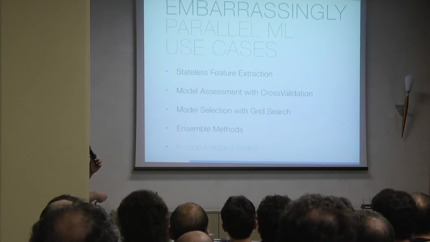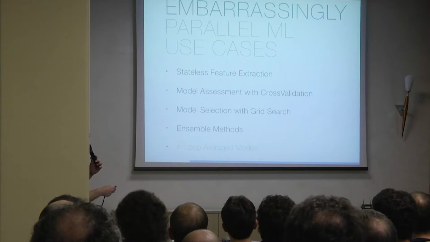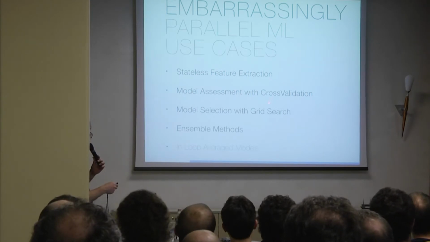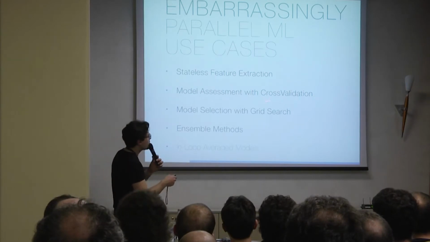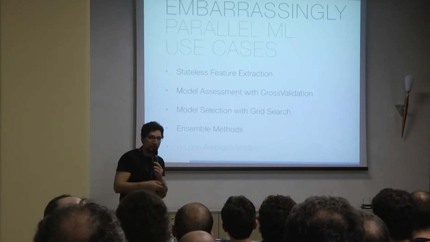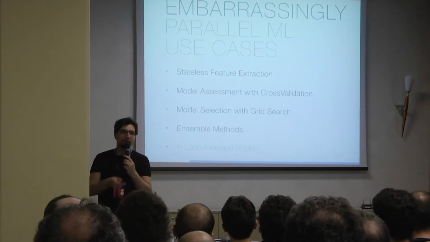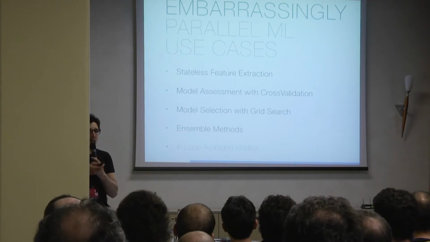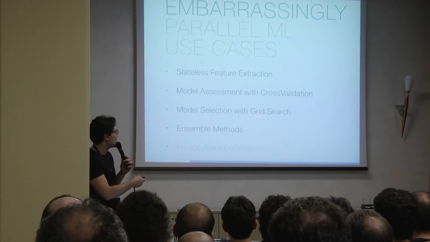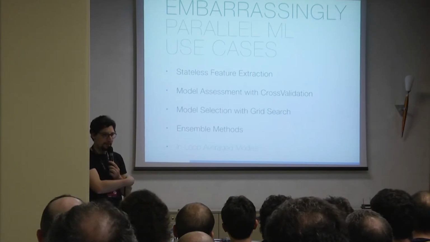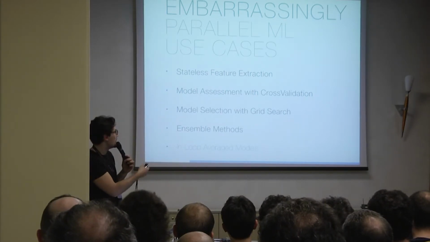Multi-model assessment with cross-validation, model selection with grid search, or stateless feature extraction. Just in case you didn't realize it, that's why the cross-validation and grid search methods in scikit-learn have the n_jobs parameter. We will have an example of this in the next couple of slides.